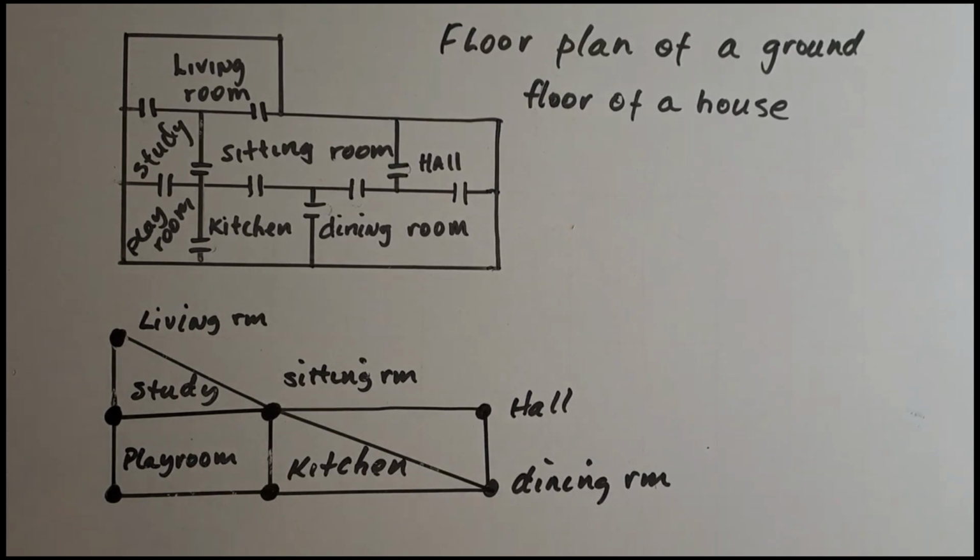And from the living room, we can get to the sitting room, the study. From the kitchen, we can get to the sitting room, dining room, and the playroom. And that's our graph.